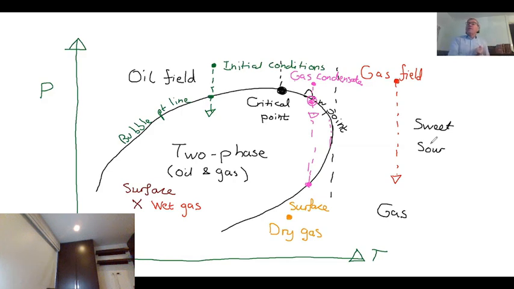So when people talk about a sweet crude oil or a sweet gas, clearly they're not referring to the fact that there is sugar present in the hydrocarbons. What they're referring to is there's something desirable about that hydrocarbon as opposed to a sour crude or a sour gas. Okay?